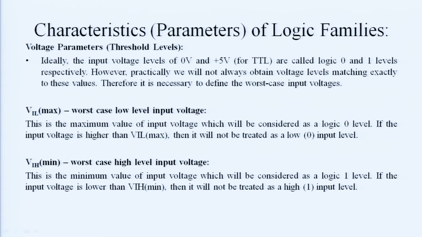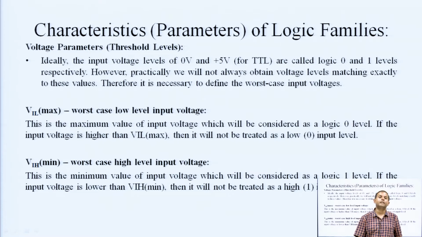Now we will start discussing the characteristics or parameters of logic families. First, the voltage parameters. Ideally, the input voltage levels of 0 volt and plus 5 volt for TTL are called logic 0 and logic 1.